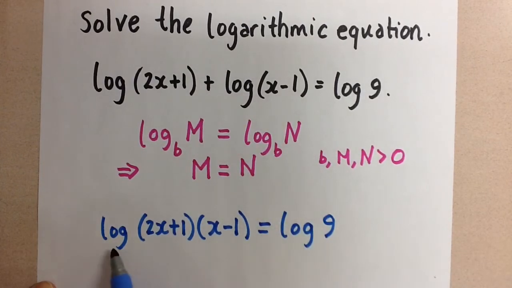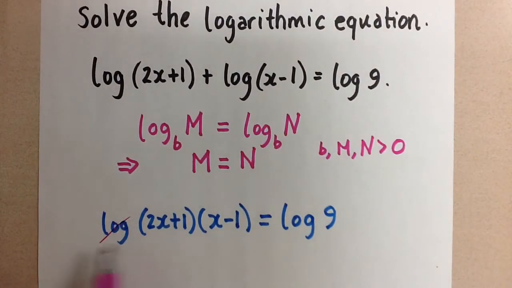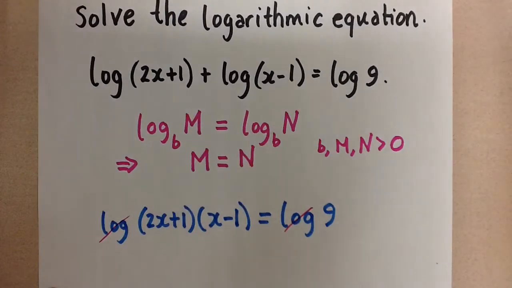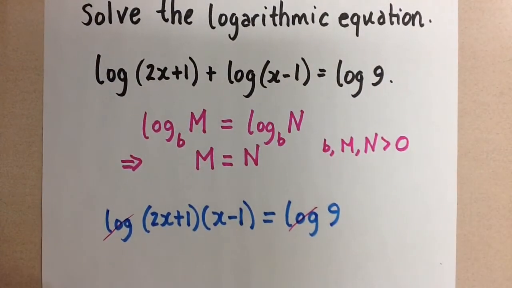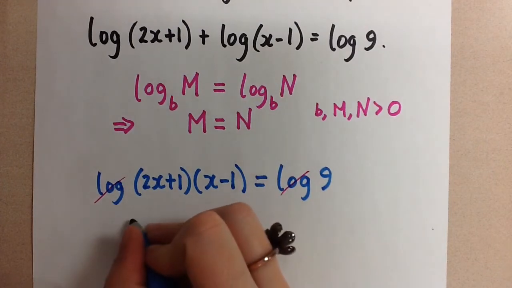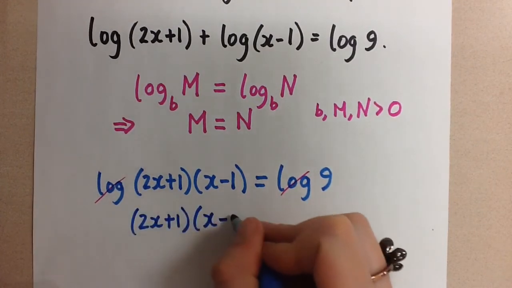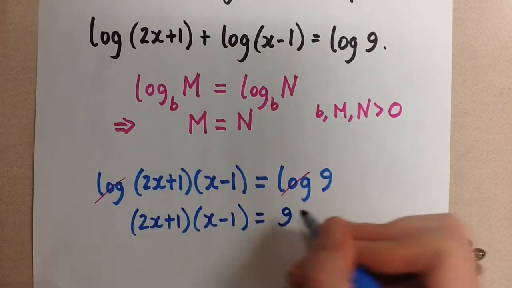So now take a look at what we have. Log of something equals log of something with a base of 10 here. So we can essentially cross off the logs and just deal with what's on the inside of the logarithms. So this is going to become 2x plus 1 times x minus 1 equals 9.